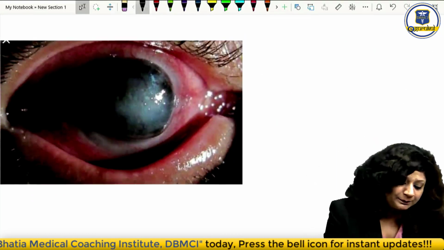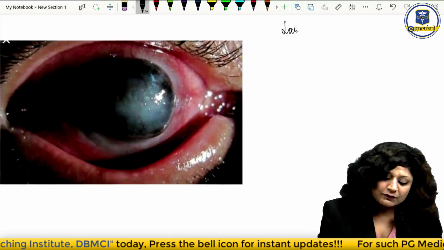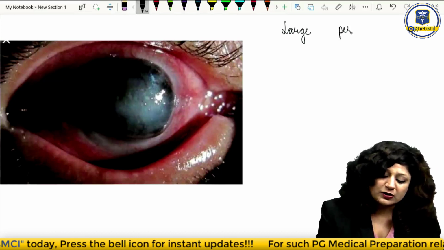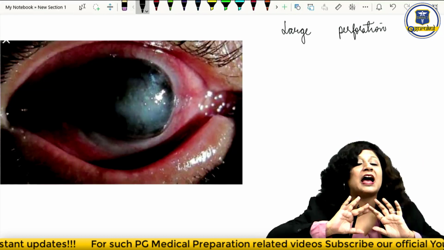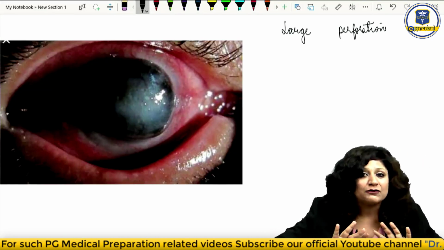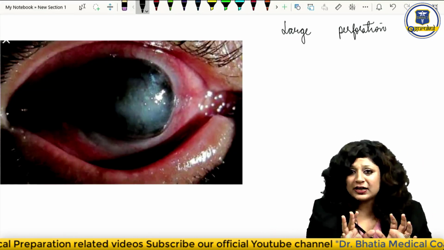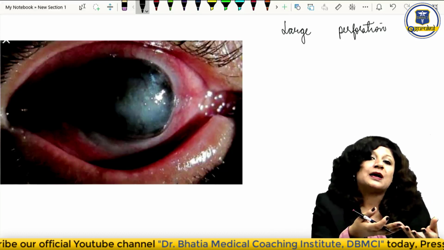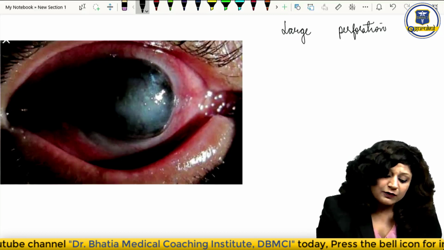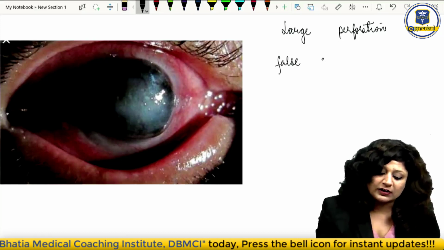While if it is a large perforation, then what will happen? Whole of the iris lens diaphragm will be prolapsed out. It will bulge out, it will be protruded out. It will form a false cornea.